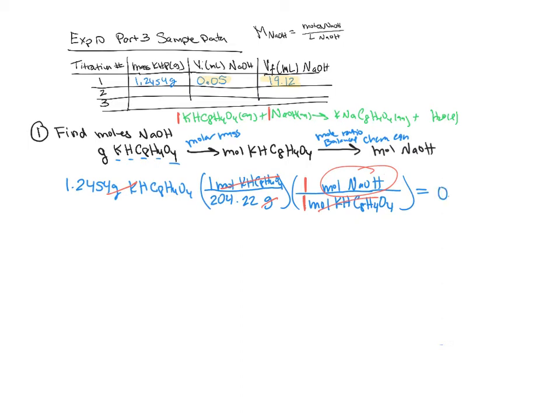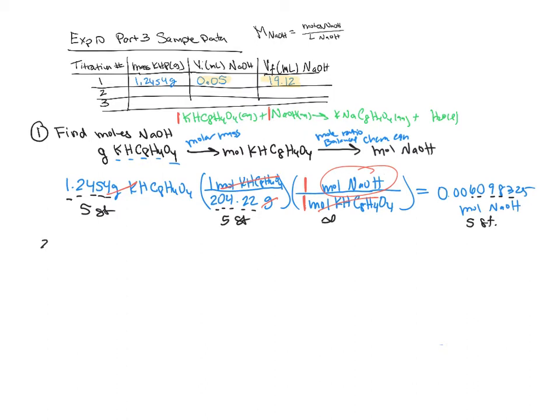And I end up with 0.006098325 moles of NaOH. Thinking about sig figs, 1, 2, 3, 4, 5. I've got 5 sig figs, and my 1-to-1 mole ratio is unlimited. So I need 5 sig figs there. And I'm going to go ahead and round at the end. So I'm just making a note that I've got 5 sig figs.